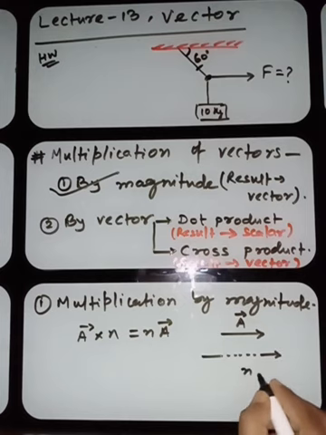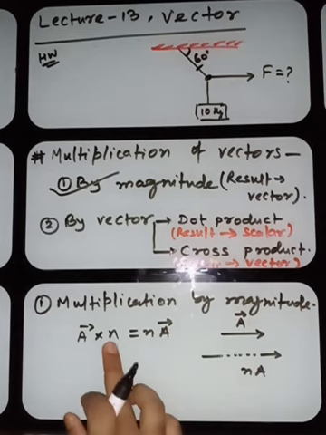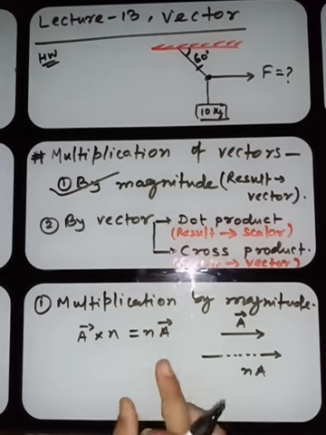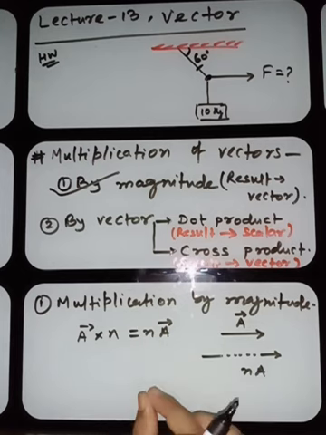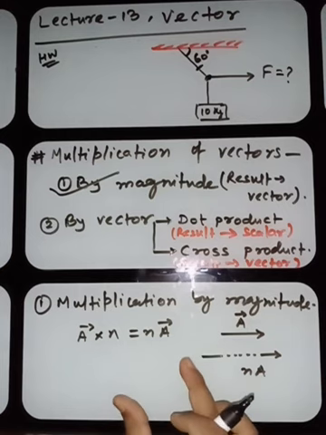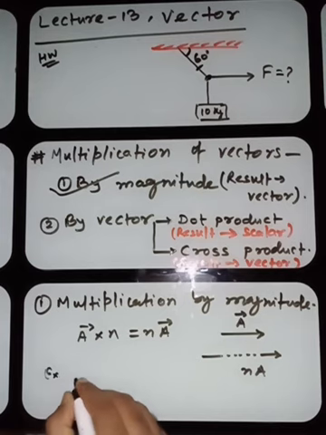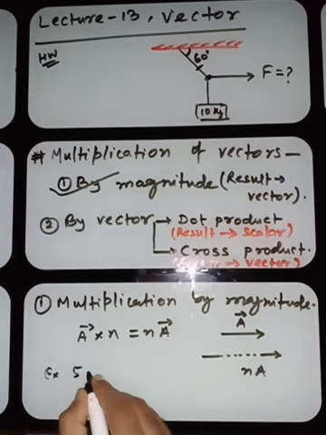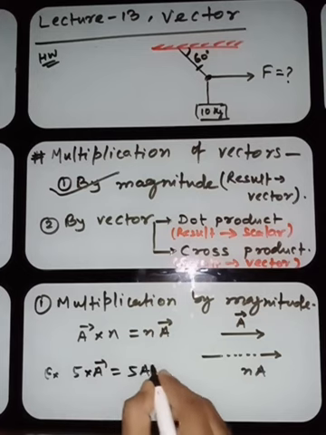This is n times a. So simply it will increase the magnitude. If you multiply any vector by a number, it will not affect the direction, but it will increase the magnitude of the vector. For example, if you multiply 5 with a vector a, then you will get 5a.